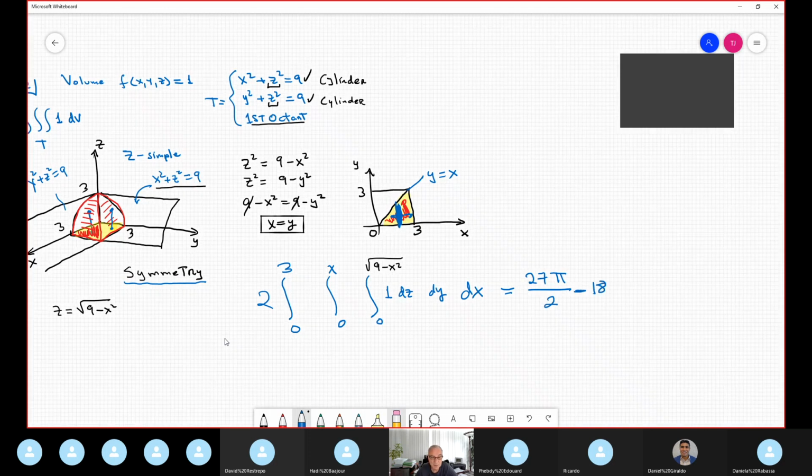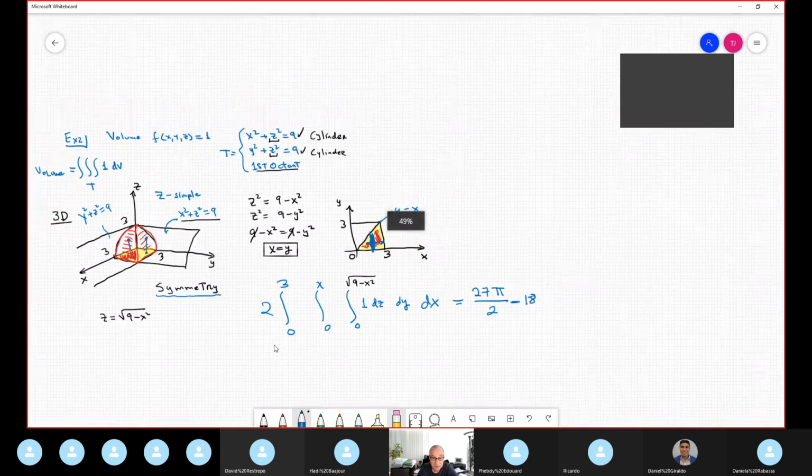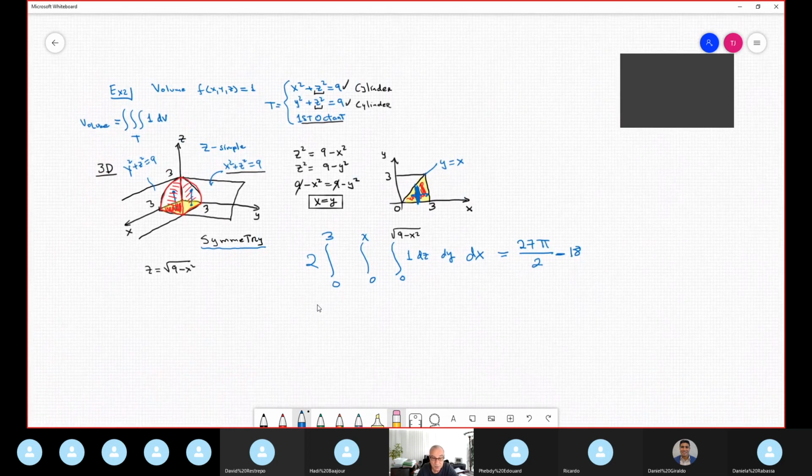It's the exact answer. Remember, in my lab, you always need the exact answer. When you put it in Wolfram Alpha or the calculator, and you don't get the exact answer, you get the approximation.